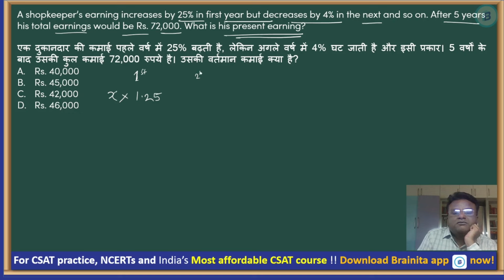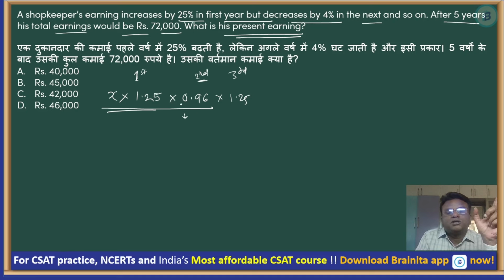Now in the second year, what would happen? Decrease by 4%. That means you have to multiply it by 0.96. Then third year, again increase, on this whole earning, it is increased by 1.25. Okay. In the second year, this earning is decreased by 4%. So remember that. It is not only X, but the previous year's earning that is increased by 25% or decreased by 4%.